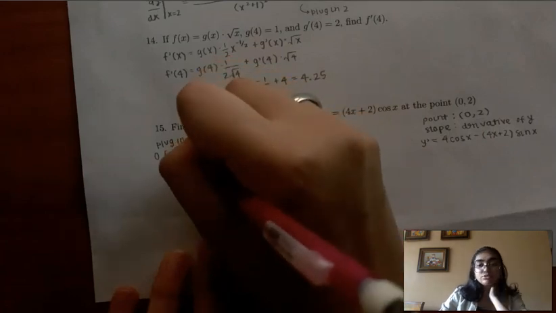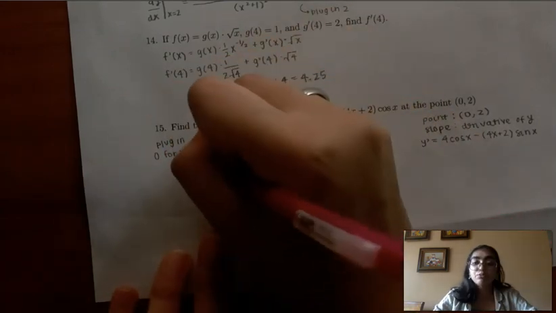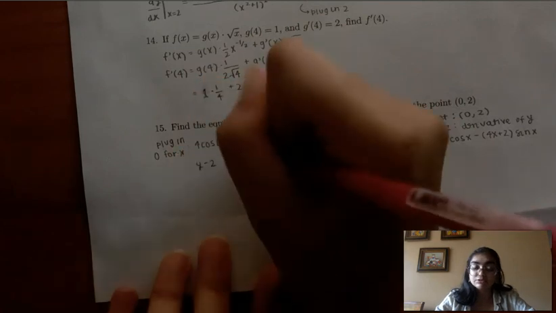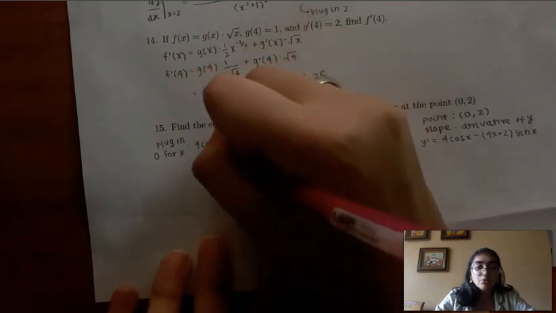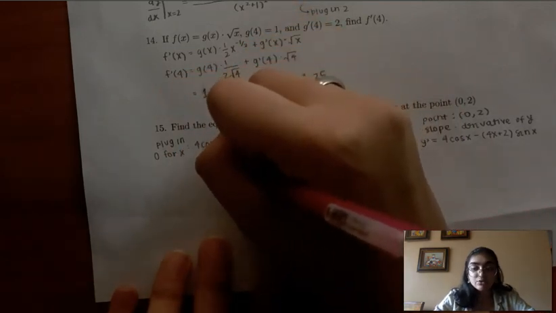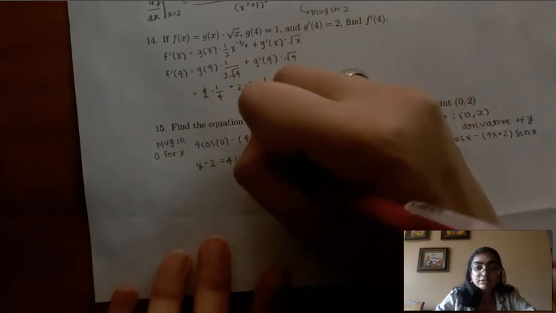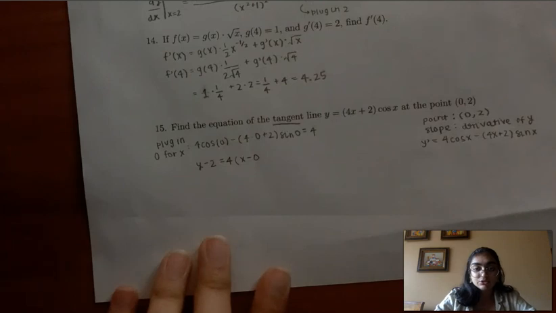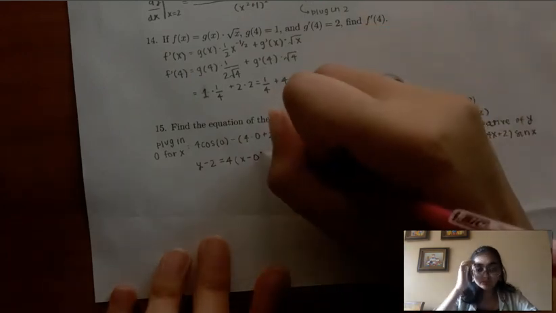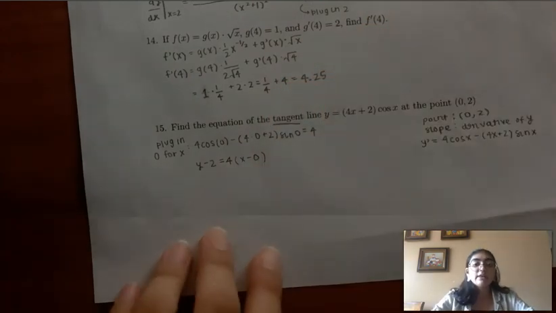So we're going to go ahead and write that equation using the point that we were given and the slope that we just found. So y minus 2, the y-coordinate, is equal to 4, which is the slope, times x minus 0, which is the x-coordinate. And that is our answer.